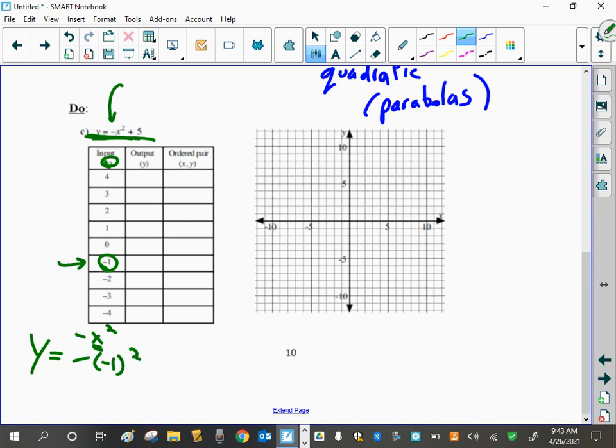So that's the weird looking thing you get from this equation, and then plus 5. So you have a negative sign out in front, and your x is negative, so there's another negative in brackets. So calculate that with your calculator. Punch that in your calculator just like that. It'll give you the right answer every time.